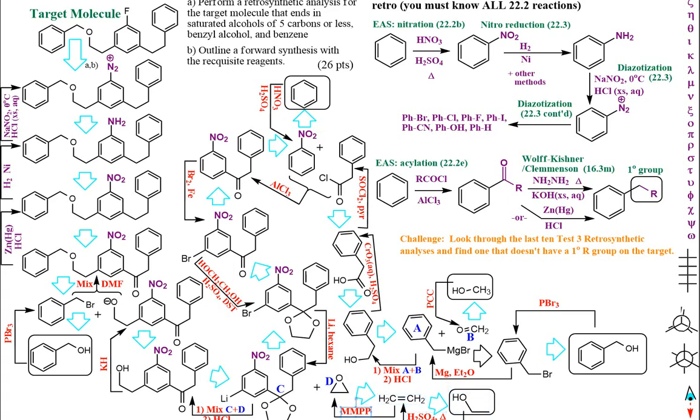Monomagnesium peroxyphthalate gives ethylene oxide, the epoxide. C and D can now be mixed, and then step 2, protonation to give the alcohol. Deprotonation, you could argue you could skip step 2 here and go straight to this here, and I would accept this argument.